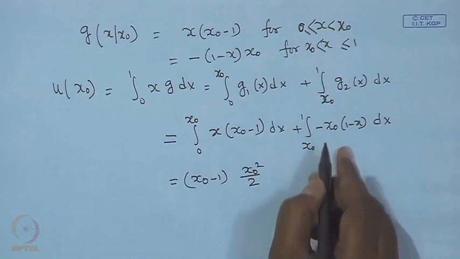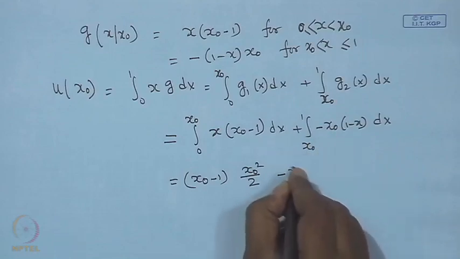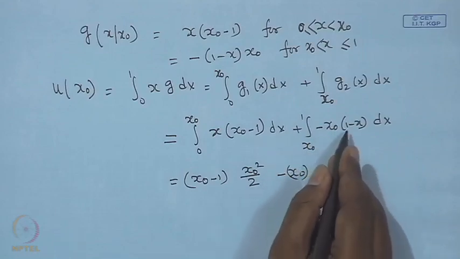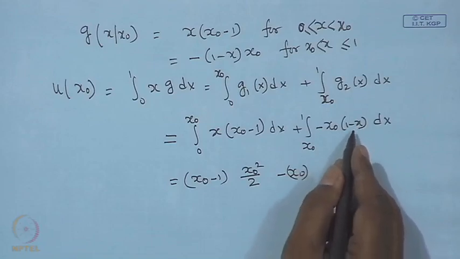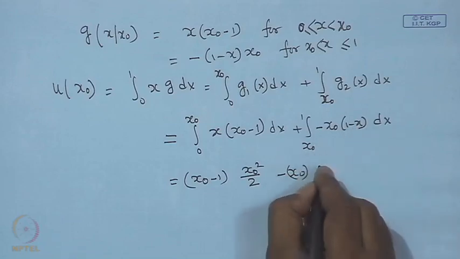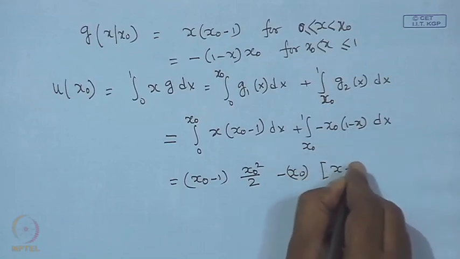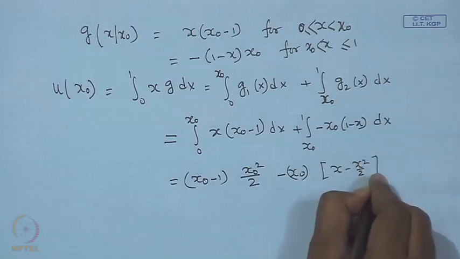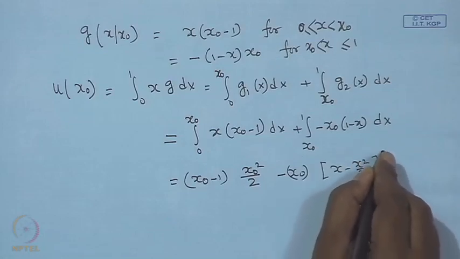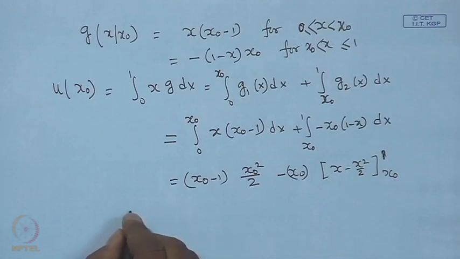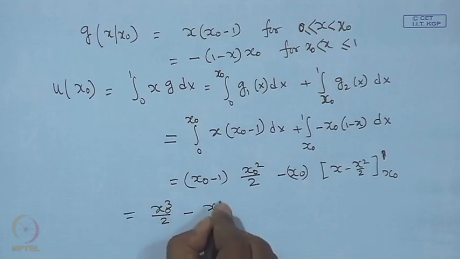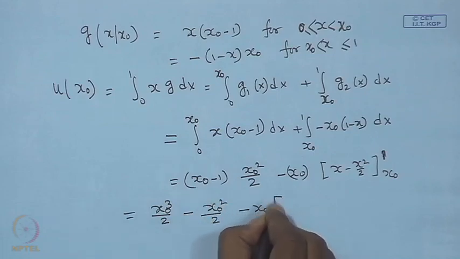Similarly, here minus x naught is constant, it is taken out, then it is 1 minus x dx. So, we put x minus x square by 2 and then evaluate between x naught and 1. If you do that, let us see what you get. This is x naught cube by 2 minus x naught square by 2 minus x naught.